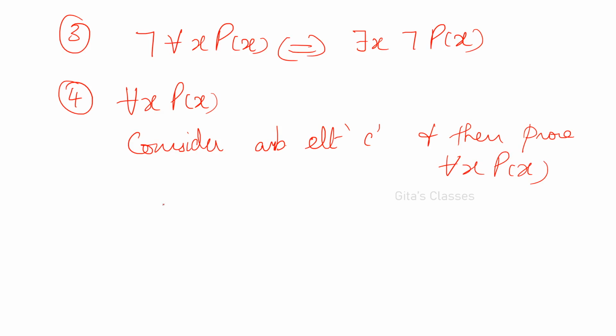Example, n is even, any arbitrary value, arbitrary integer n we are taking. So n is even if and only if n squared is even. Already we have proved this.